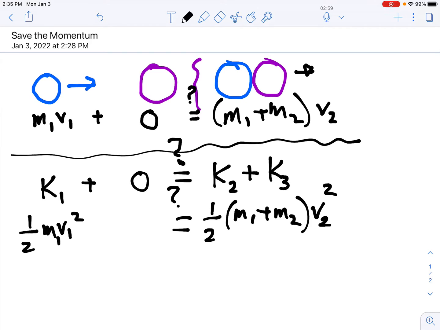I will tell you, in this case, they're not going to be the same, and if you figure out how much your kinetic energy changed, that's going to tell you how much heat is produced.